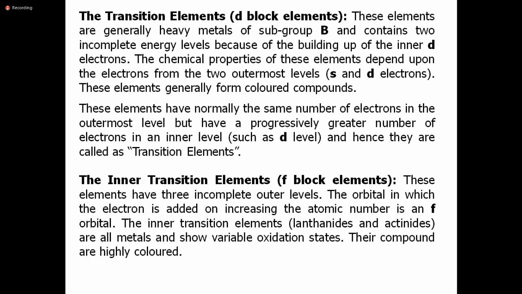When we see the inert gases, we said that they have fully filled s and p blocks. But in case of d orbital, that can be fully filled, but that will be named as d block elements, but that will not be a transition element, right? Isn't it?